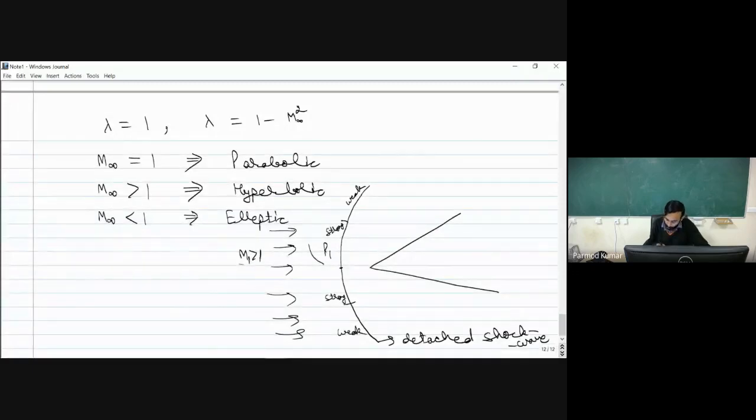What will be happening in the downstream? We will have some pressure P2, with a sudden increase of pressure in the downstream of the shock wave. So P2 will be greater than P1, and this transformation happens suddenly. If P1 suddenly changes to P2, which is more, I will have some fall of velocity.